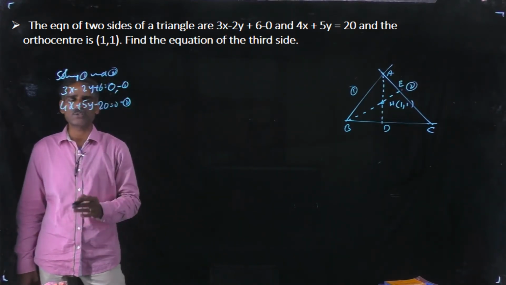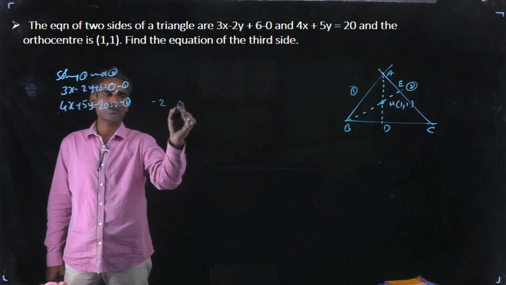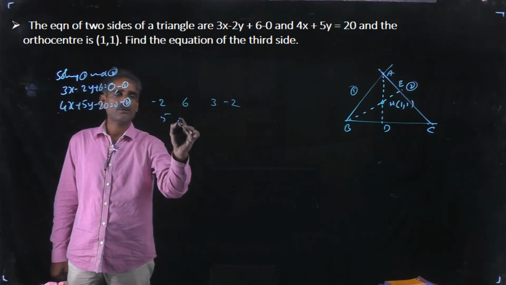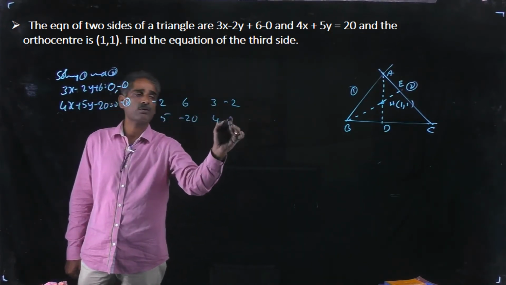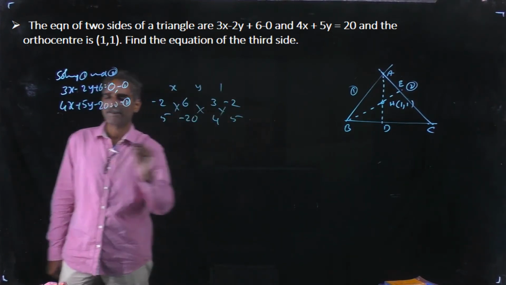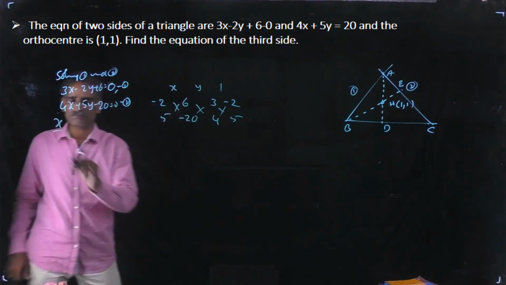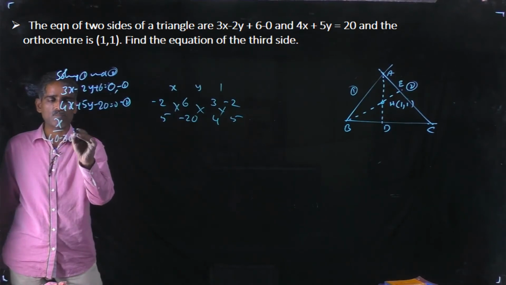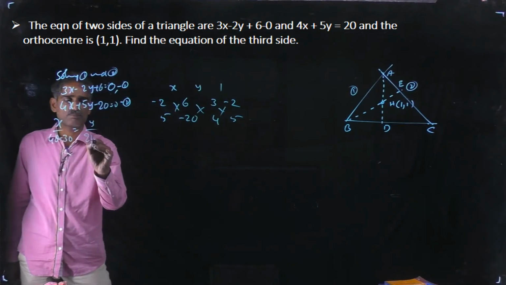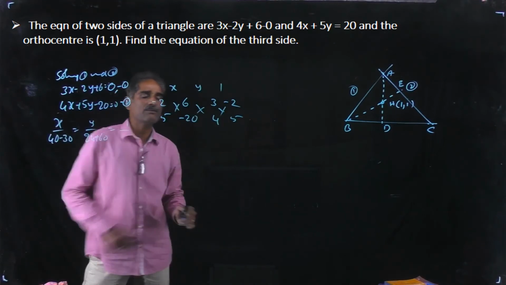Solve these two equations. So how can you solve this? Just take the coefficients: minus 2, 6, 3, minus 2 and 5, minus 20, 4, 5, x, y, 1. x by 40 minus 30, y by 24 plus 60, and 1 by 15 plus 8.